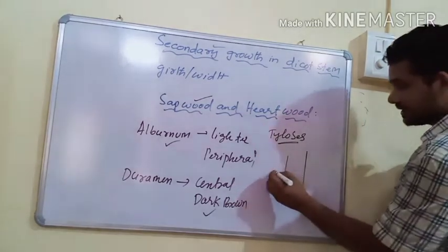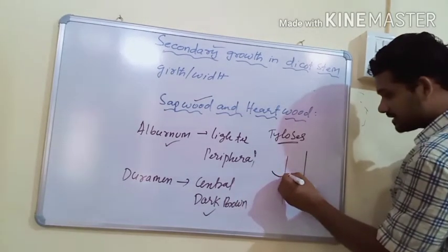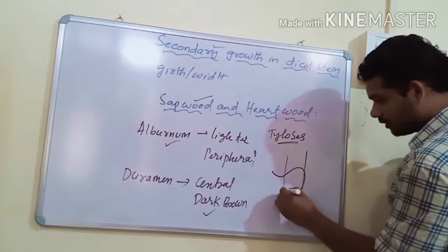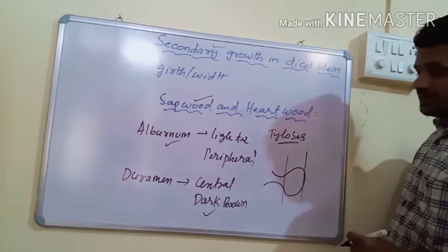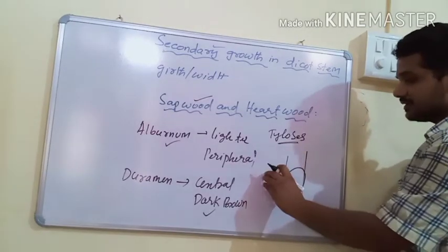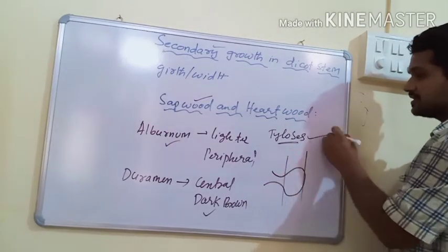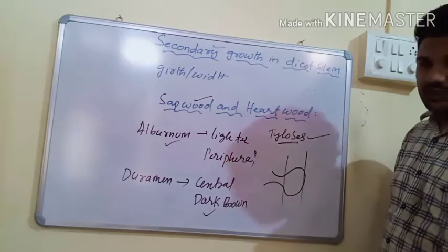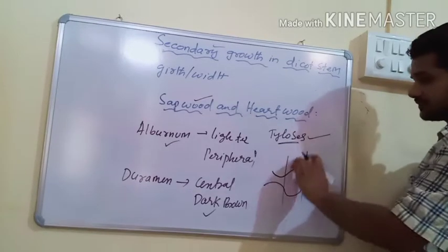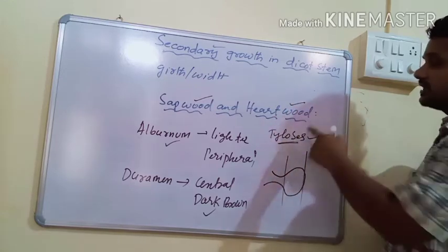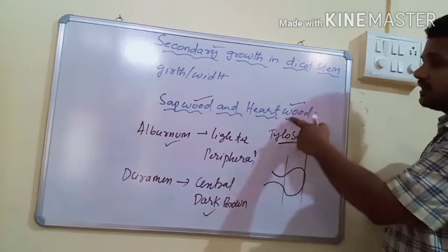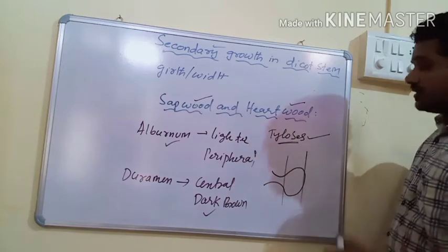In some cases, the xylem parenchyma cells enter into xylem vessels to form balloon-like structures. These balloon-like intrusions of xylem parenchyma into xylem vessels are called tyloses. Due to the presence of tyloses, the lumen is blocked. That's why the heartwood does not conduct water and minerals, but heartwood gives mechanical support to the older parts.